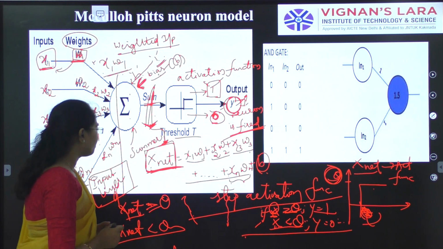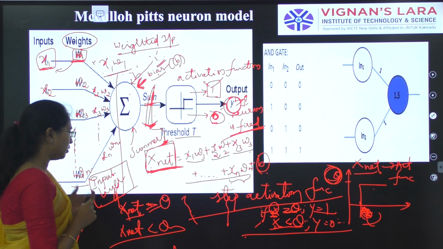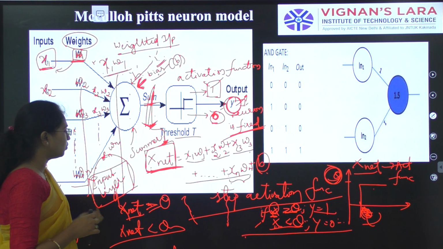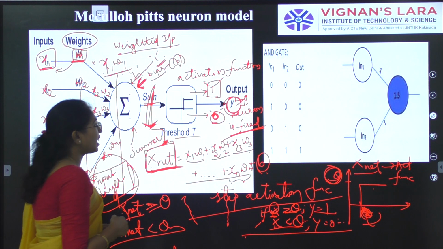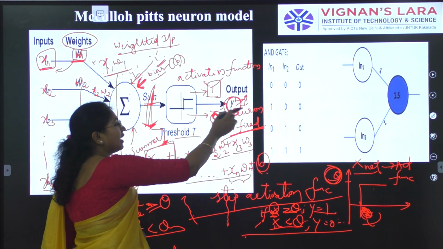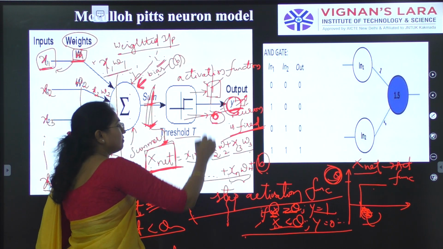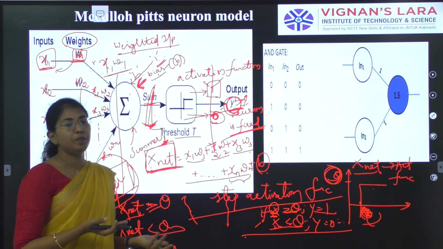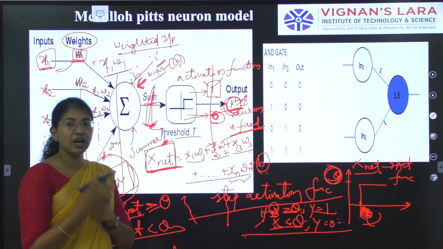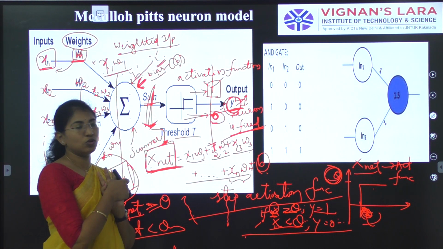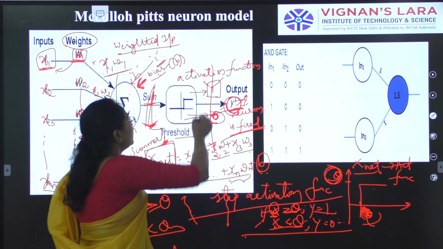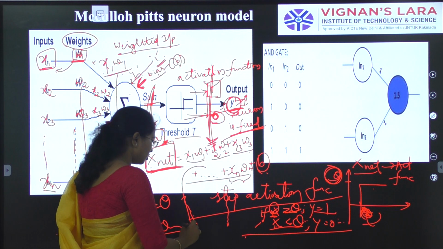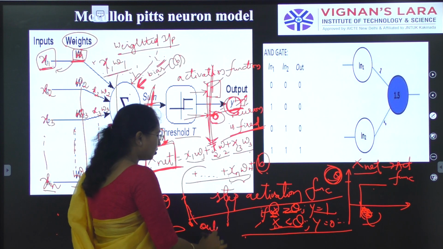And here, as we are getting n number of inputs with the weights, this entire layer is called the input layer, and the layer where we are getting the output is called the output layer. The output may not be just 1, it can also be n numbers, but here we are considering only one output in the case of the McCulloch-Pitts neuron model.